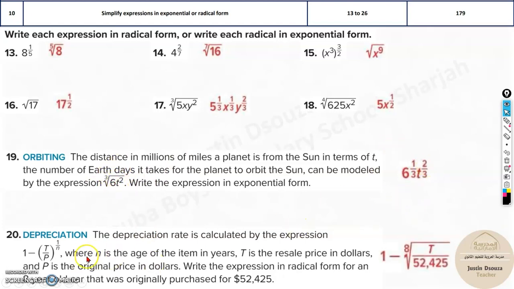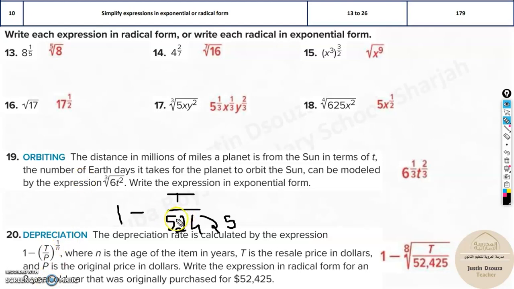Same thing over here, you can simplify it. The only difference over here is they have told you what is the value of P. The original price P in dollars is given as 52425. So all you need to do is instead of P, you need to write 52425. And then what is N? N is 8.